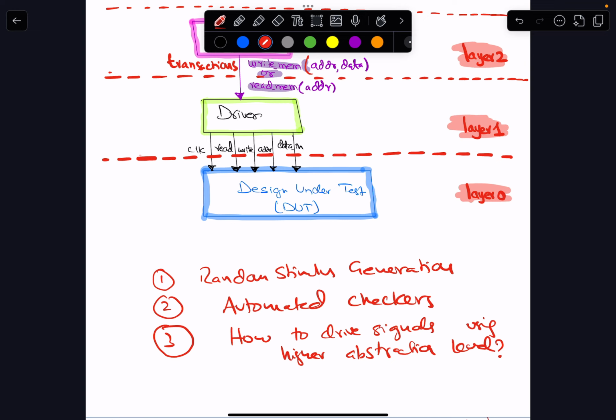Okay, so far we have figured out 3 different main reasons for this design verification field.